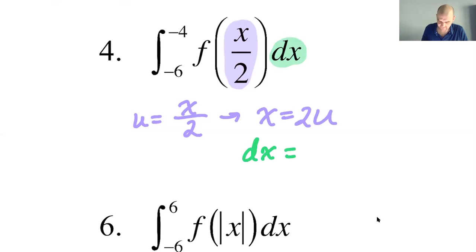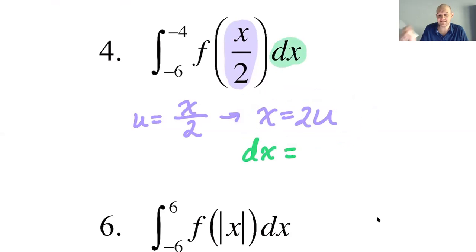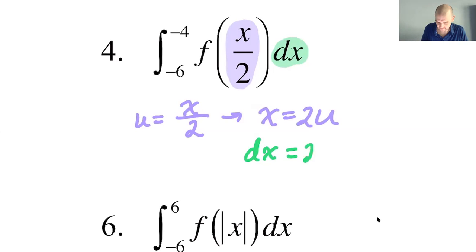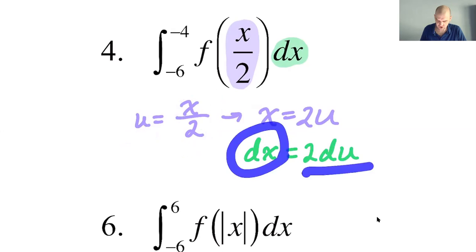So x is a function of u. You would be finding dx du, and then it's like you bring the du over to the other side. Some people really hate that interpretation. I don't hate it at all. So we get this. Now I can substitute: where I see x over 2, I can make it u. Where I see dx, I can make it 2 du.